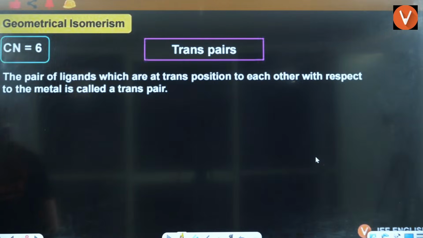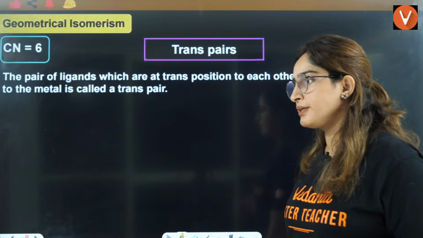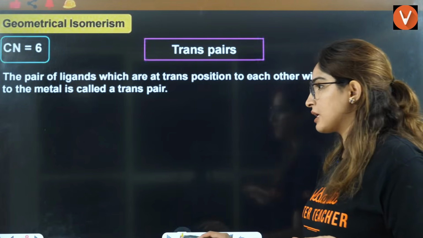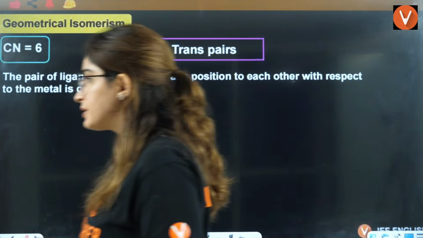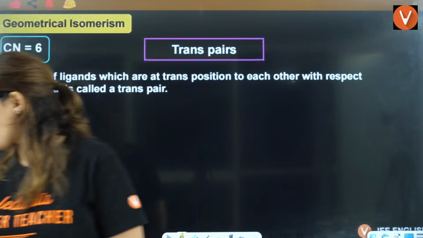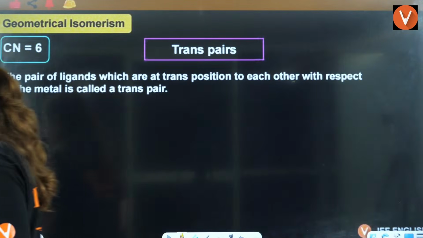Let's talk about coordination number 6. That is an octahedral species.